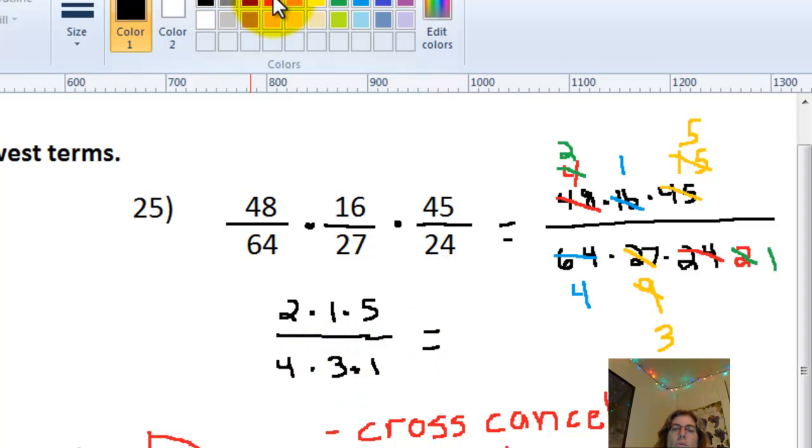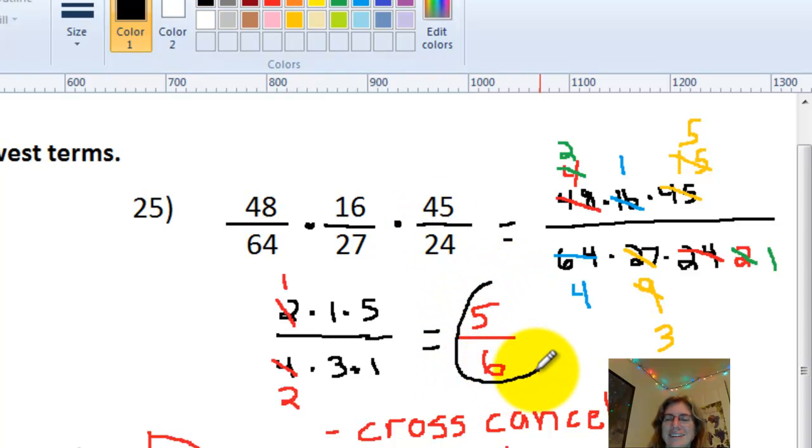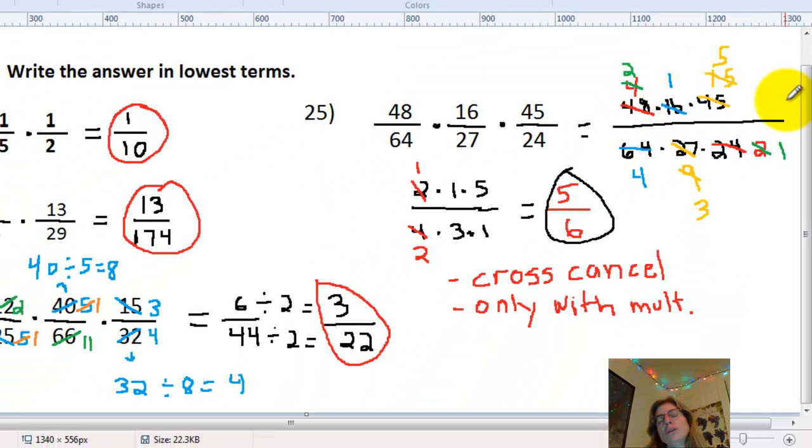And what I can do is one more cross cancellation. 2 into 2 is 1, 2 into 4 is 2. So now I have 5/6 as an answer. And I wrote it in red, so I'll have to circle it in black. 5/6. So cross-canceling works because of the commutative property of multiplication.